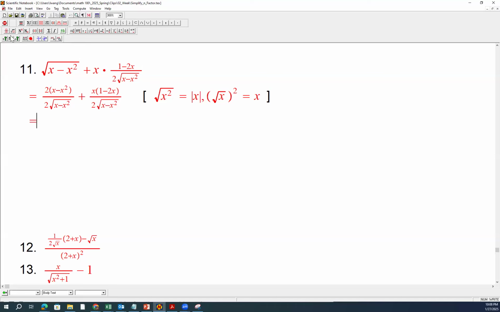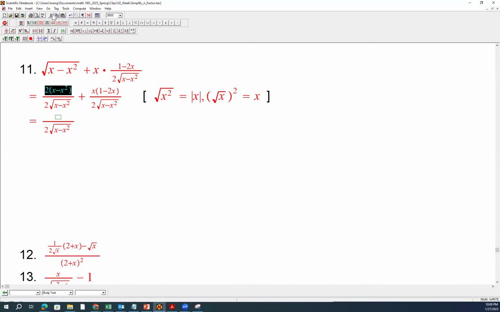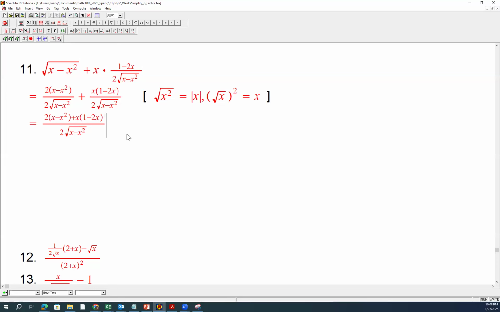Okay, continue. We have the same denominator, and we just operate on the numerator. So this piece will be adding this other piece. And then combining like terms, right? So 2x minus 2x squared, and over here is x minus 2x squared.